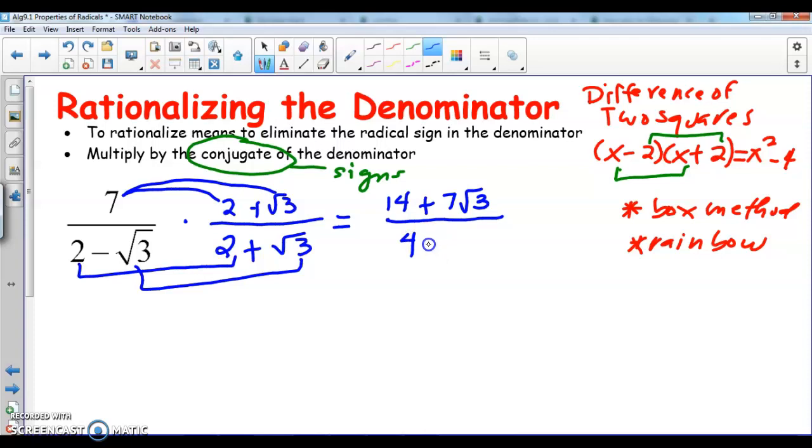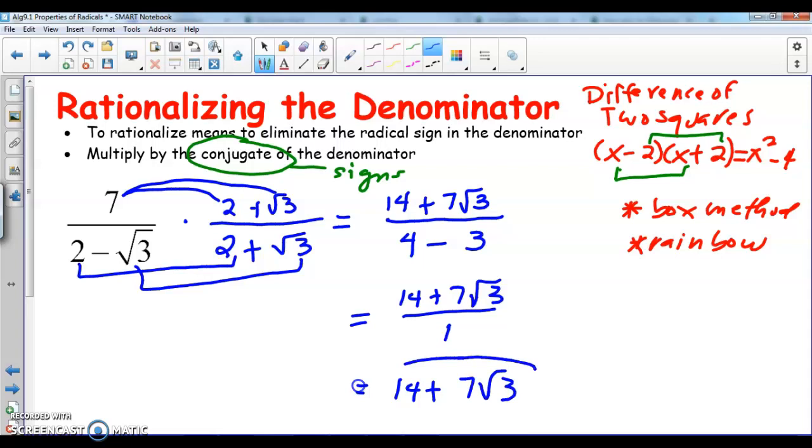Now what's negative times positive? It's negative. Okay, and then what is radical 3 times the radical 3? You know that it's radical 9, right? But what is the radical of 9? It's 3. Okay, so let's simplify further. We get 14 plus 7 radical 3. What is 4 minus 3? It's just 1. So if you divide the numerator by 1, then the final answer will just be the same. There we go.